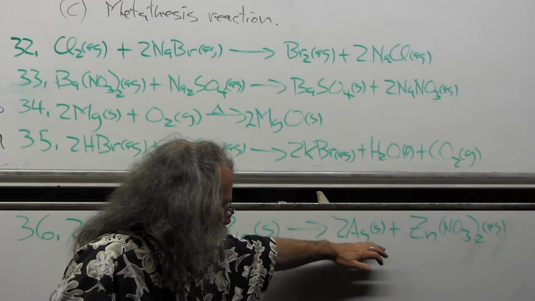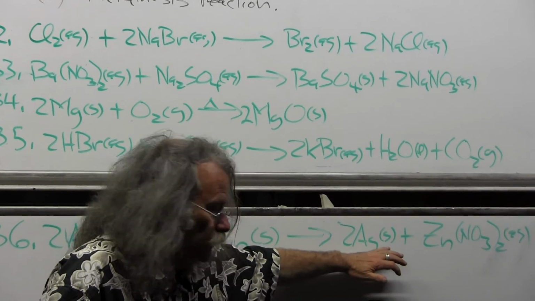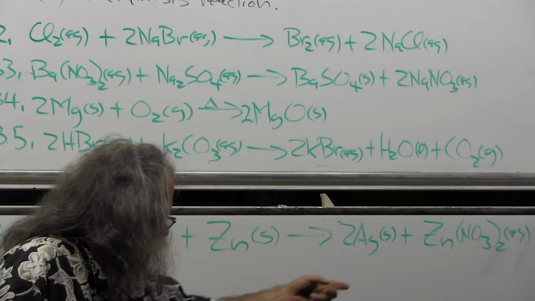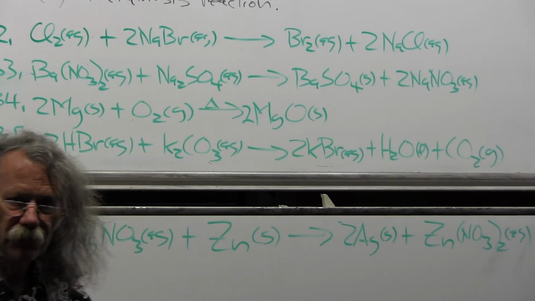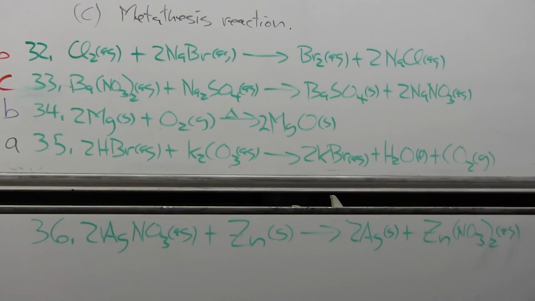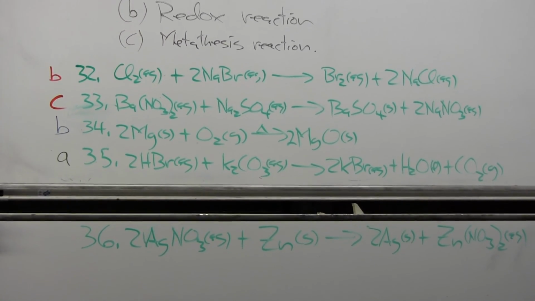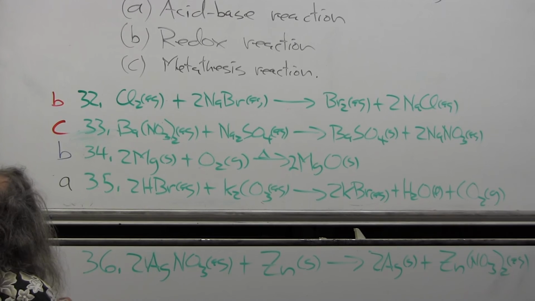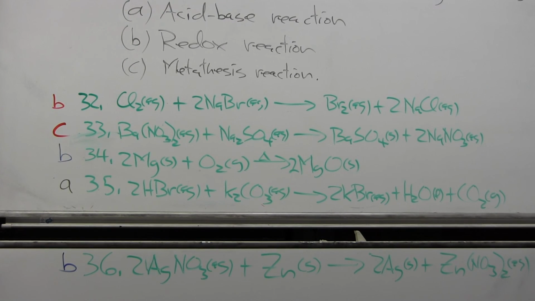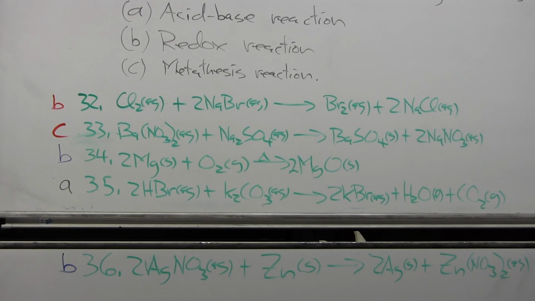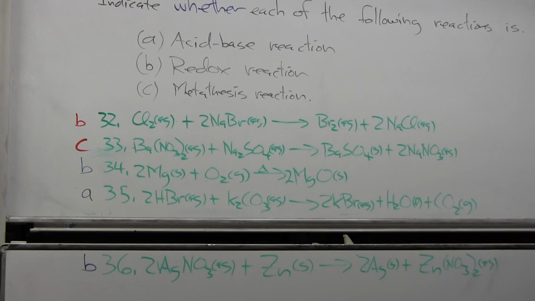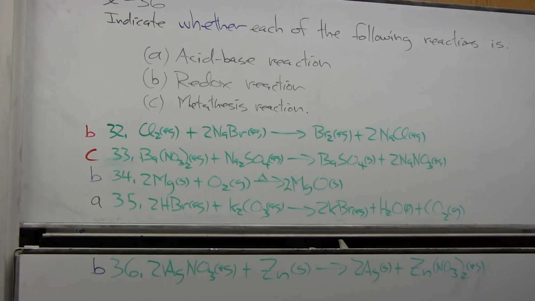And again, I've got a pure element on the product side, but it's not a pure element on the left. So the silver is obviously being reduced and the zinc is being oxidized, and this is a redox reaction, also called a single displacement reaction. This would be option B. So you fill in the bubble B, and in addition, write B on the hard copy on the test. And that's that series.